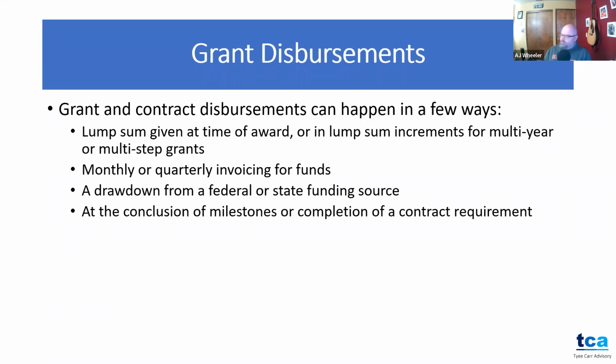99.999% of the time, those federal drawdown sites require that you've spent the funds already, or you're going to spend the funds within 3 days. So I always suggest to my clients, just in case there was a mistake in the accounting system, to draw down funds about 3 days before payroll's paid.